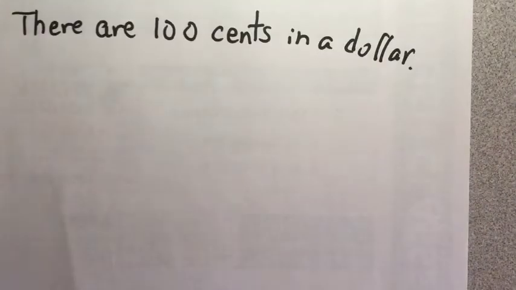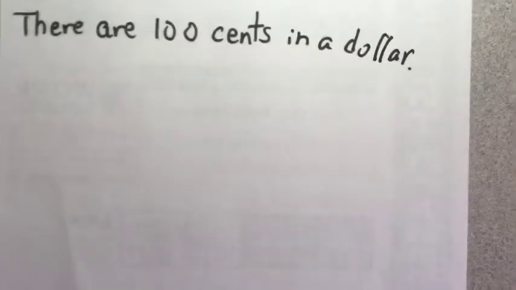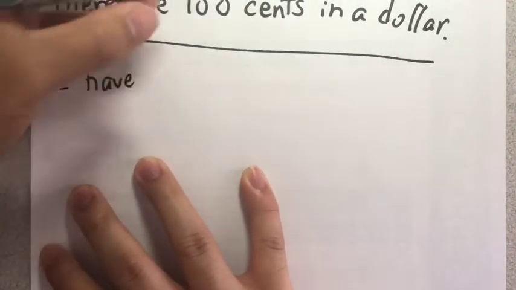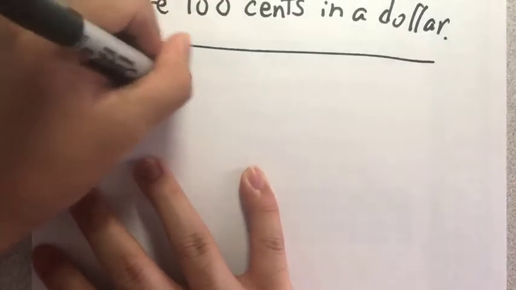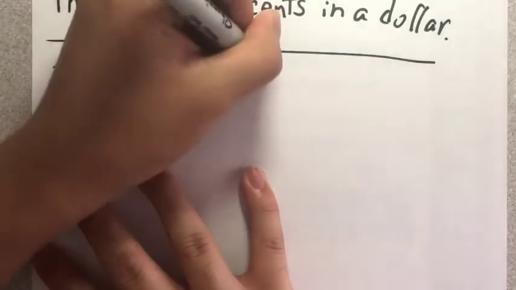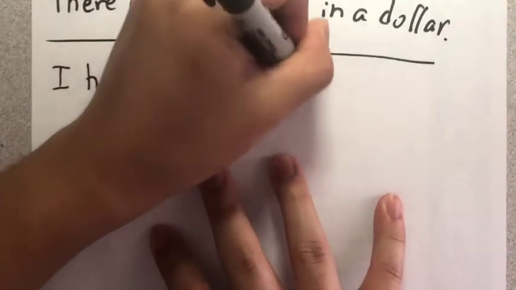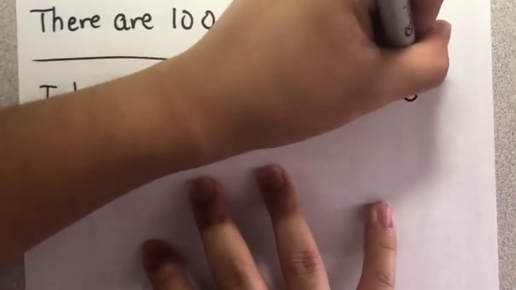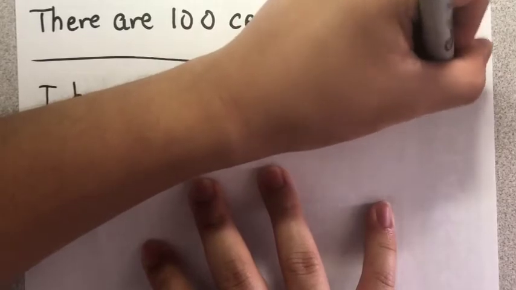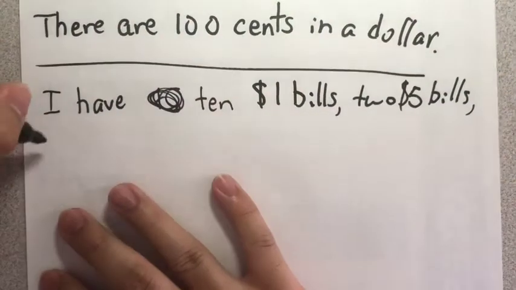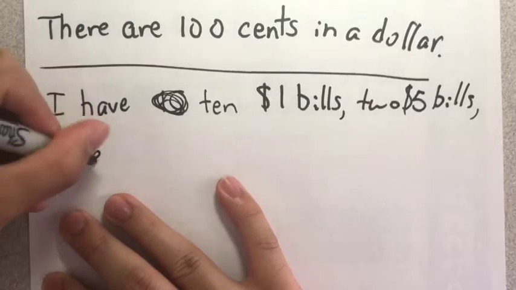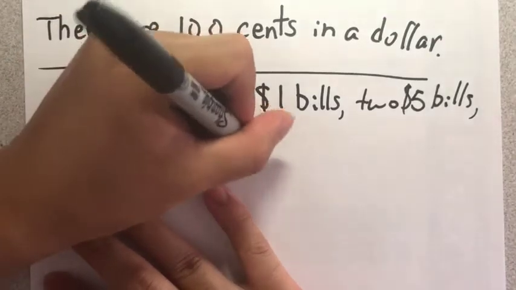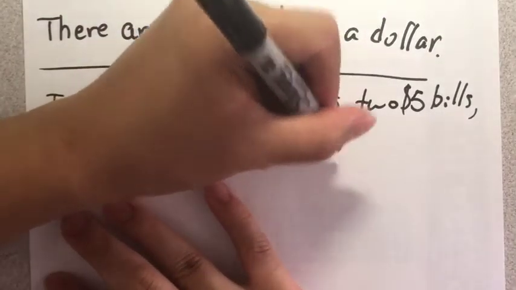So, last question. How much money do I have? I have 10 $1 bills, 2 $5 bills, 3 quarters, and 6 pennies.